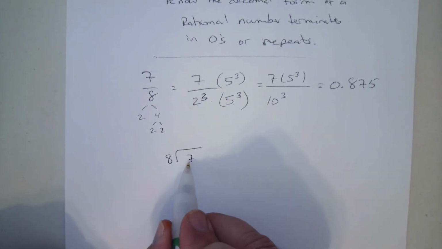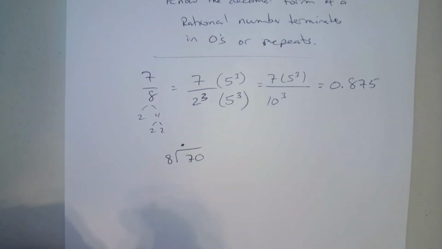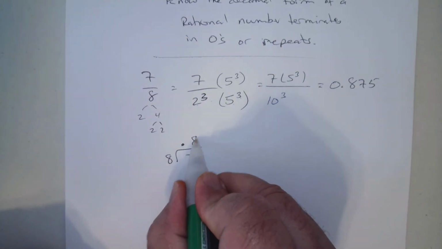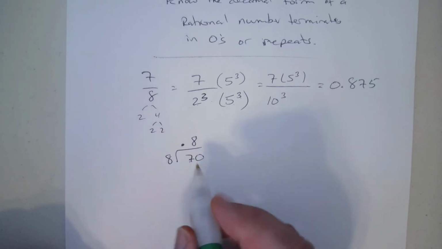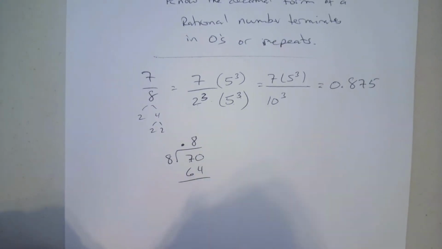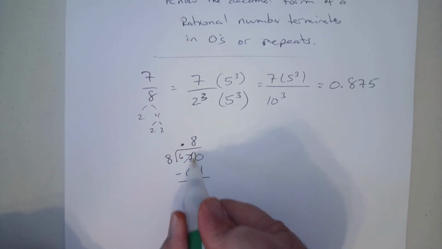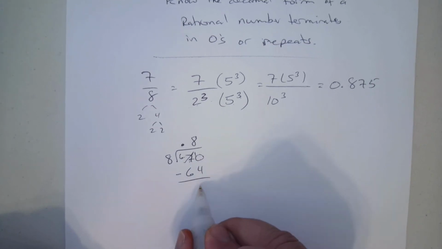Does 8 go into 7? No, so we put a decimal, and we can put a 0 there. So 8 goes into 70 8 times. 8 times 9 is 72, too big, so 8 times 8 is 64. Now we subtract. 0 minus 4 you can't do, so you have to borrow 1. 10 minus 4 is 6.